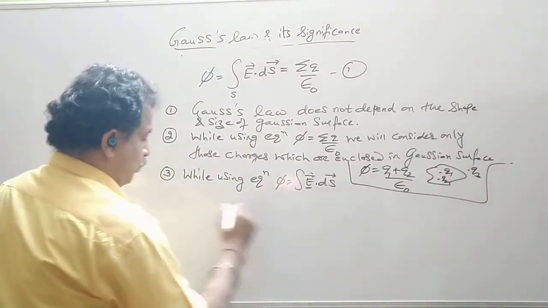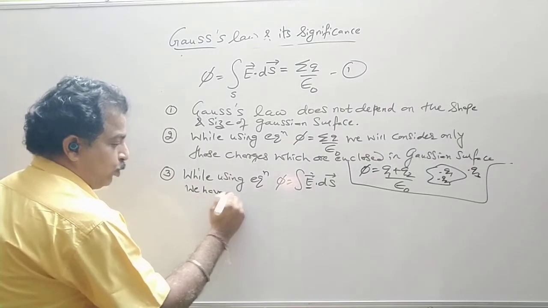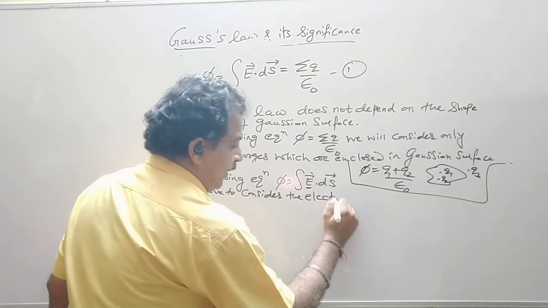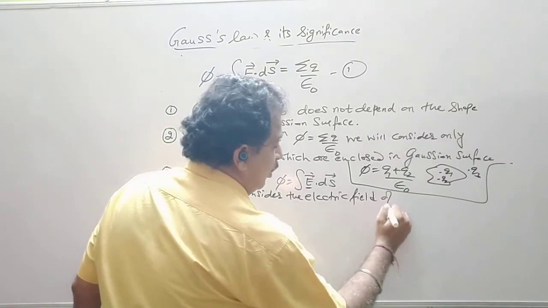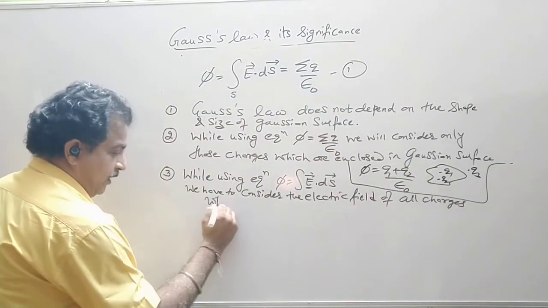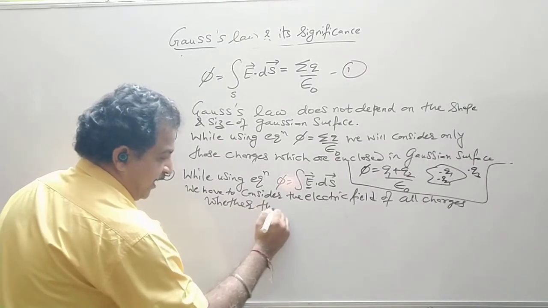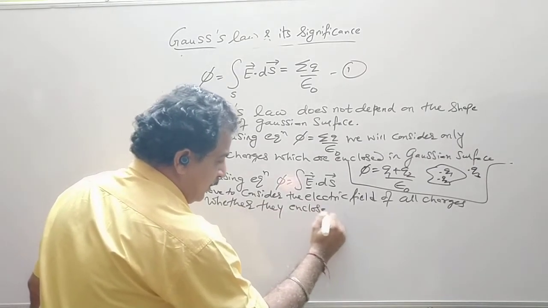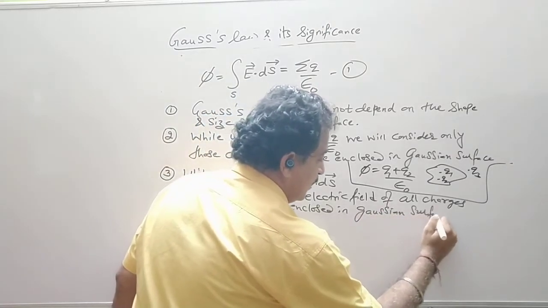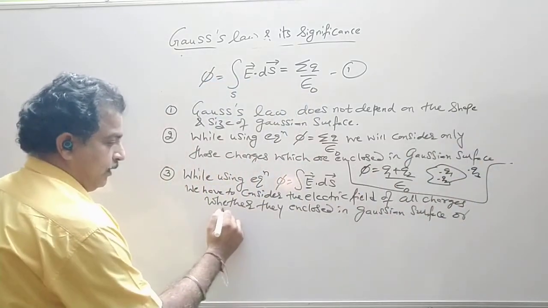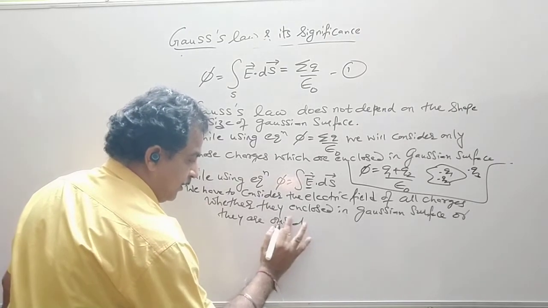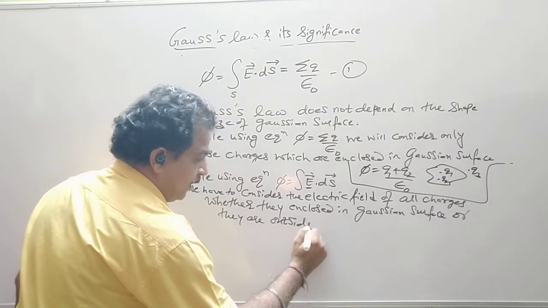So while using this equation, we have to consider the electric field intensity of all charges, whether they are enclosed in the Gaussian surface or they are outside it.